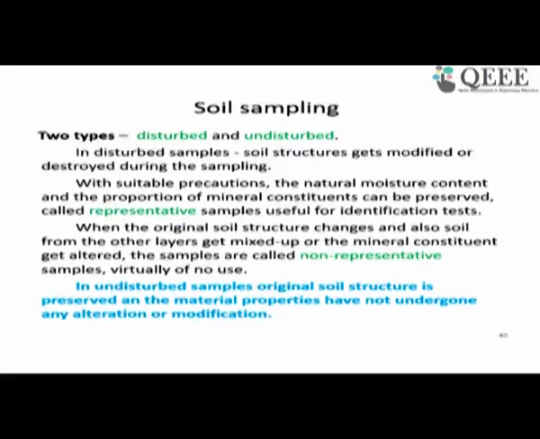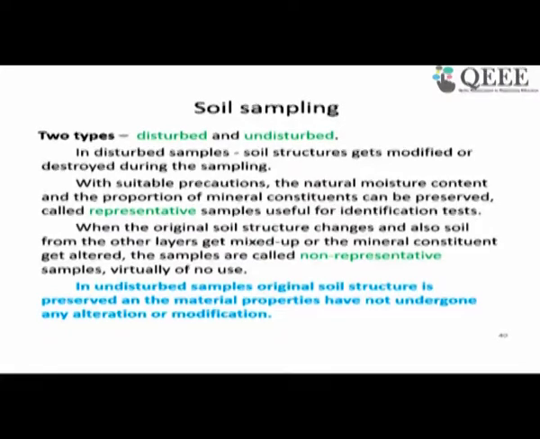So we have already seen the different types of boring: auger, wash boring, rotary boring and percussion drilling. Now we will see the different types of sampling. As you know, there are two main types, one is disturbed, one is undisturbed. In disturbed samples, soil structure gets modified or destroyed during the sampling.